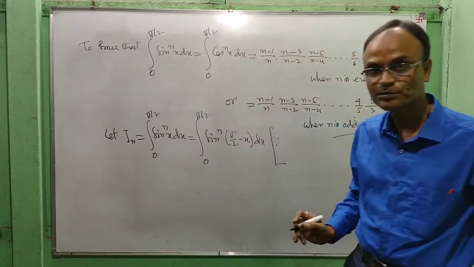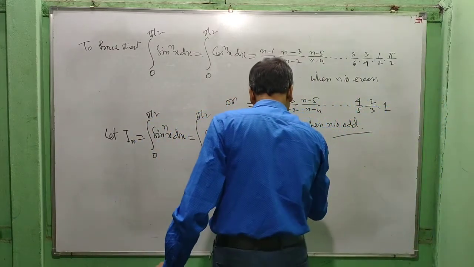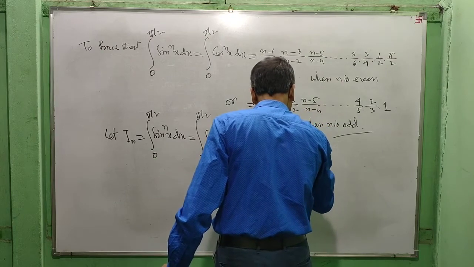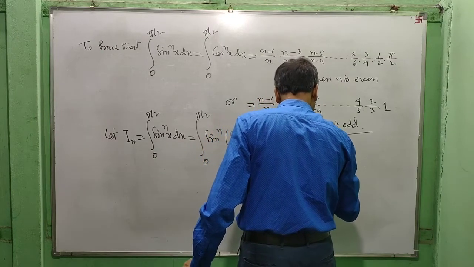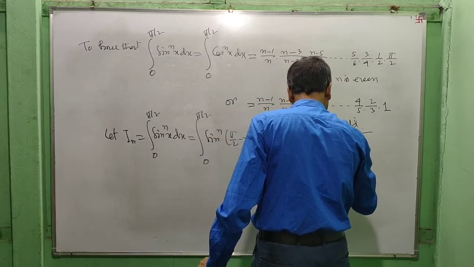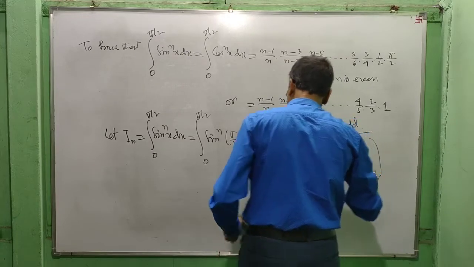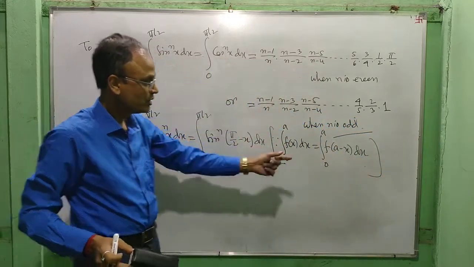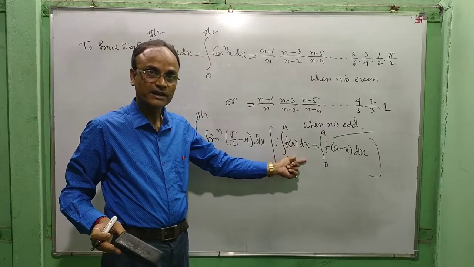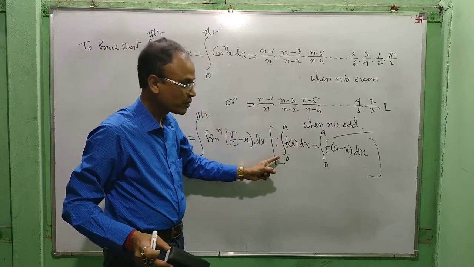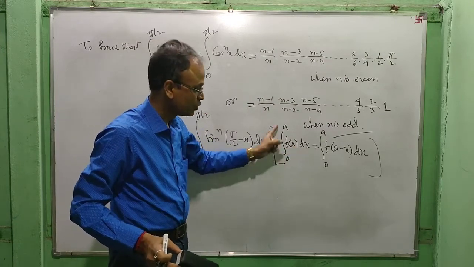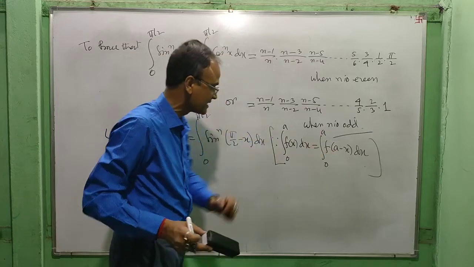The property of definite integral: integration 0 to a f(x) dx equals integration 0 to a f(a minus x) dx. We have used this property of definite integral.